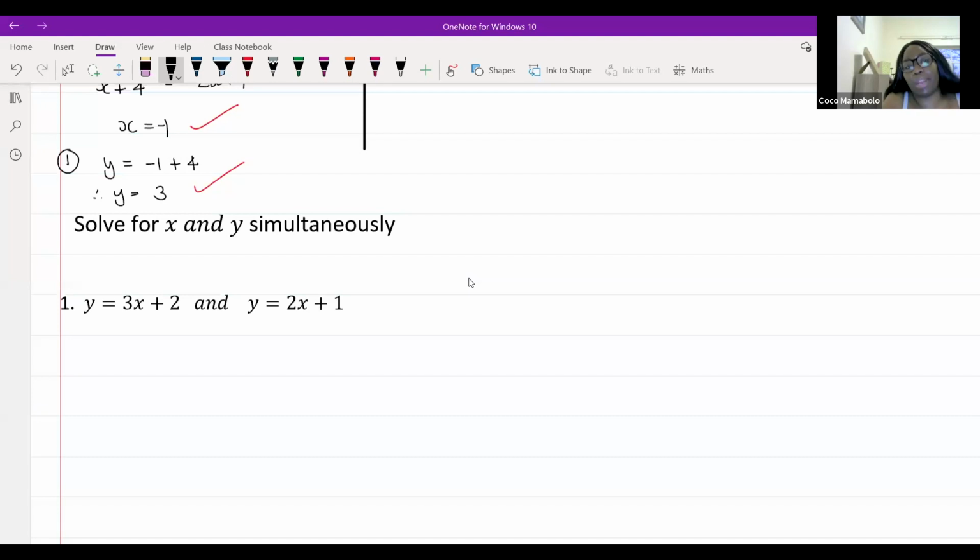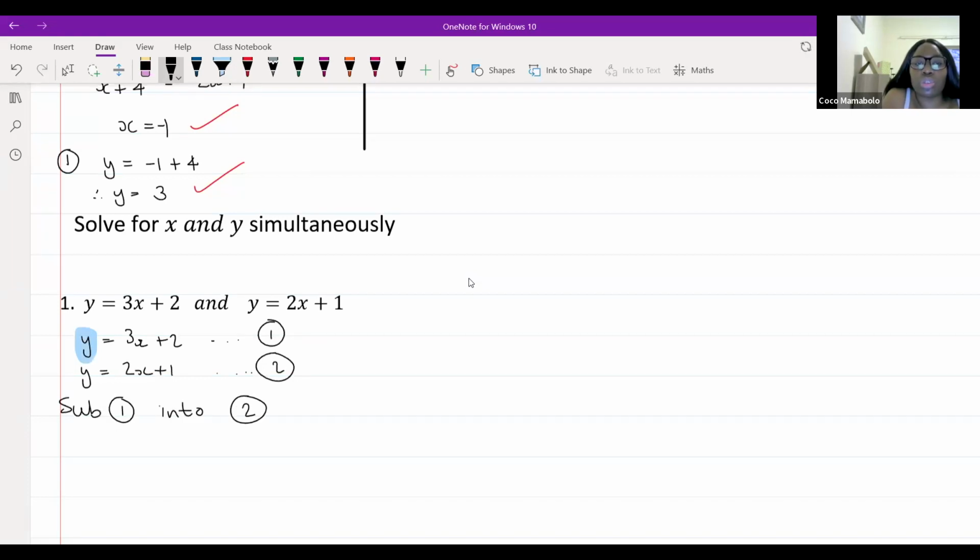All right, let's have a look here. First, we're going to do some numbering. So we're going to go y is equal to 3x plus 2, that's equation 1. And then y is equal to 2x plus 1, equation 2. Because I'm not going to rearrange anything, this thing is already equal to y. I'm just going to substitute equation 1 into equation 2.